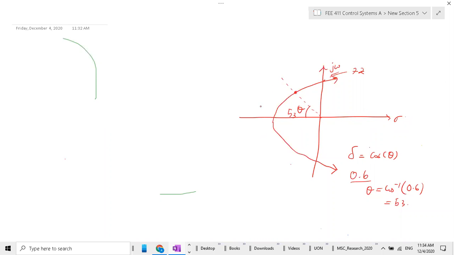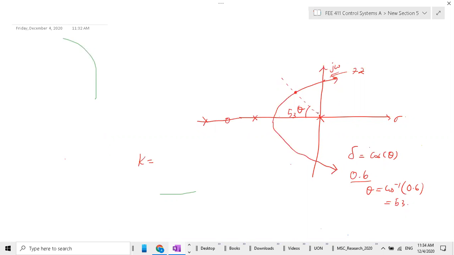So the way we do this, let's say here we have a pole, and maybe here we have another pole and a pole, and maybe a zero. This is just an example.